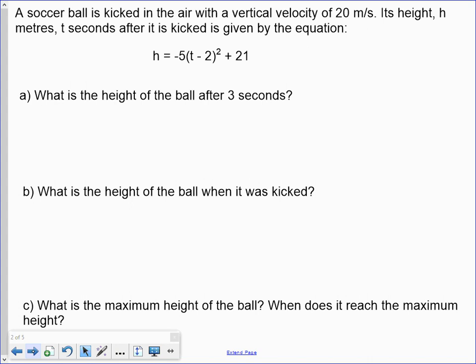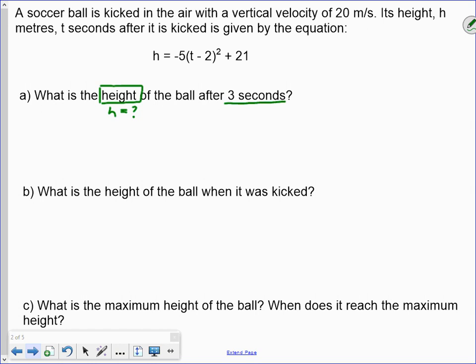So when we approach a question like this, the first thing we want to think about is what are they asking us to find, and what information are they giving us? So they're asking us to find the height. Okay, height is going to be a value of h. They are giving us this value of 3 seconds.